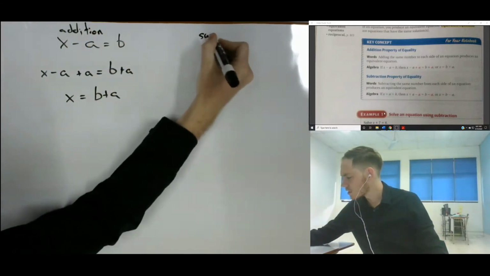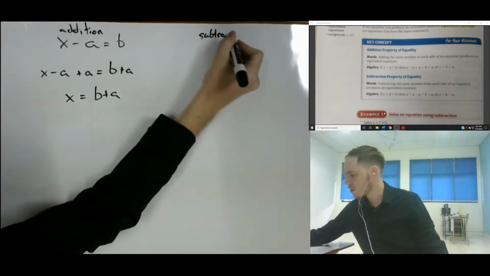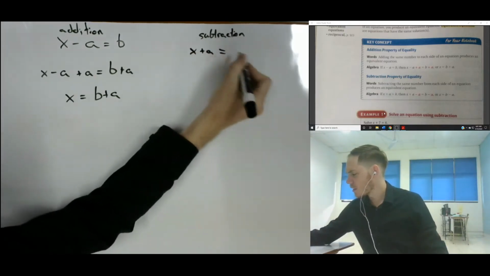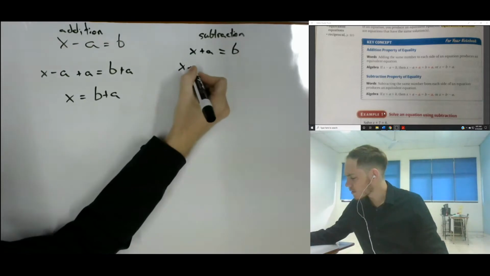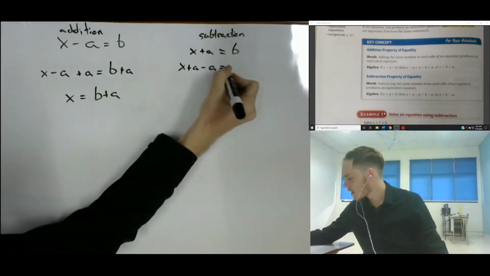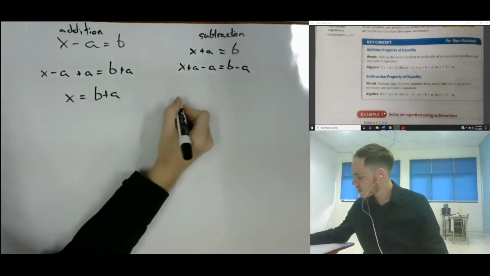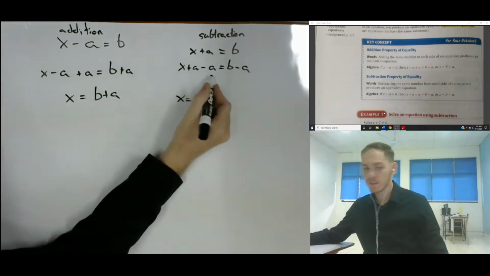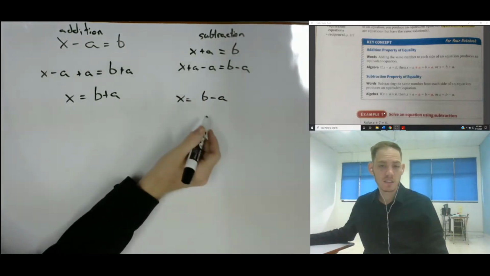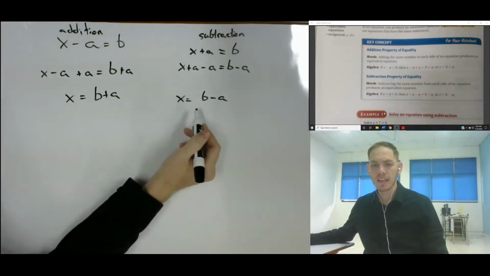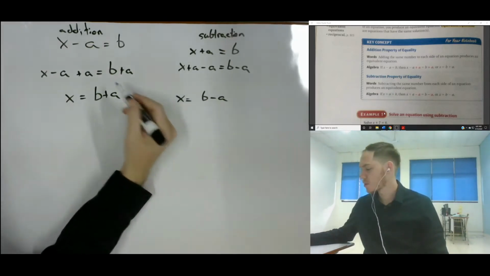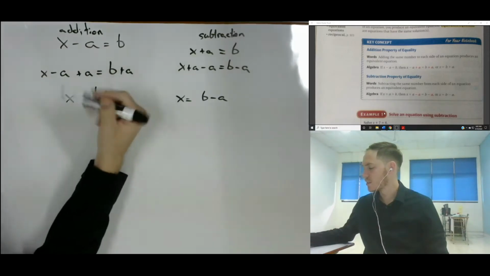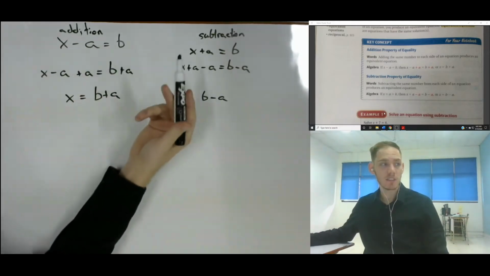Then subtraction, which follows almost the same idea. If you have x plus a equals b, and you subtract a from both sides, the equation is still equal. Positive a minus a cancel, so you're left with x equals b minus a. So adding or subtracting the same number is still equal. This is the addition property of equality. This is the subtraction property of equality.